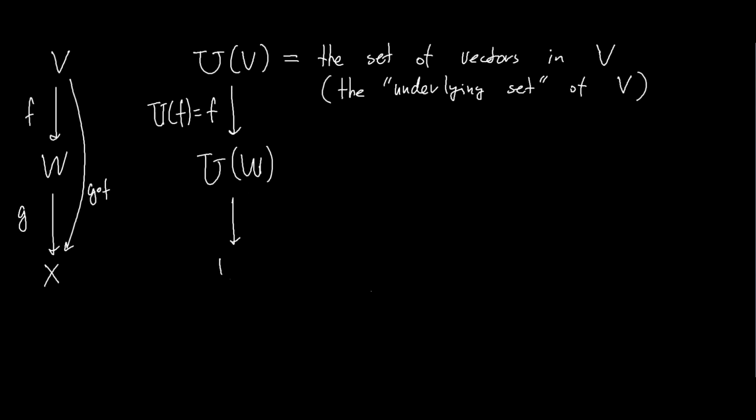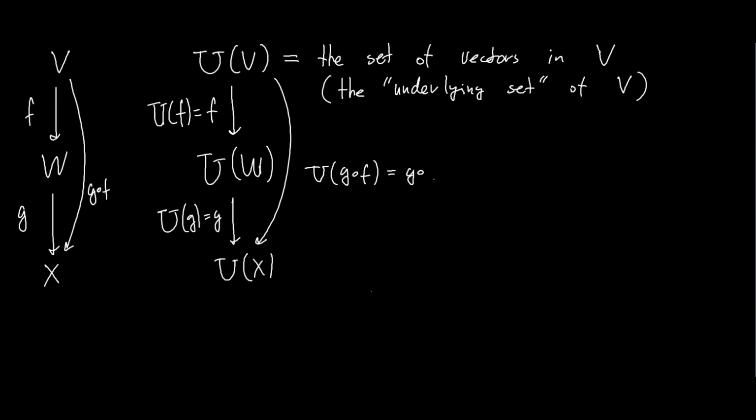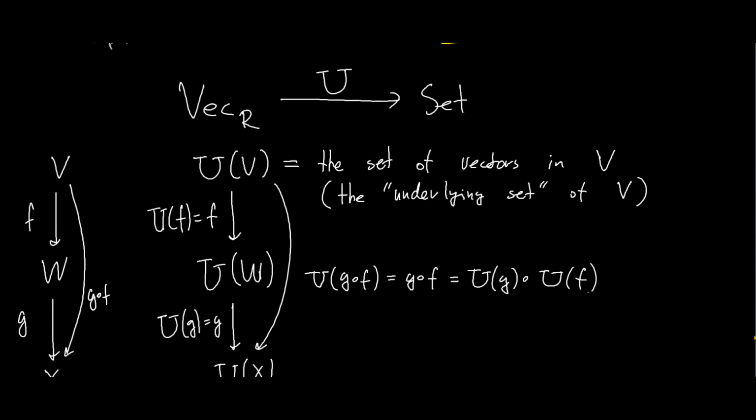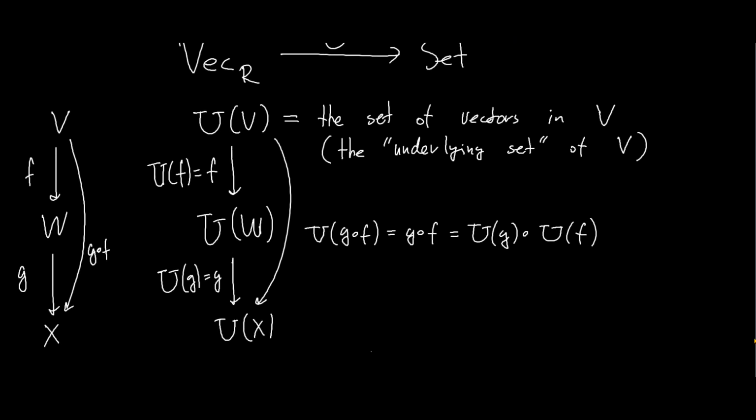And so because U of G is defined as G, then of course U of any linear map is defined as that same linear map seen just as a function between underlying sets. So then this will automatically equal U of G composed with U of F. And in the same way, U of the identity map in the category of vector spaces is just the identity function, which happens to be a linear map.